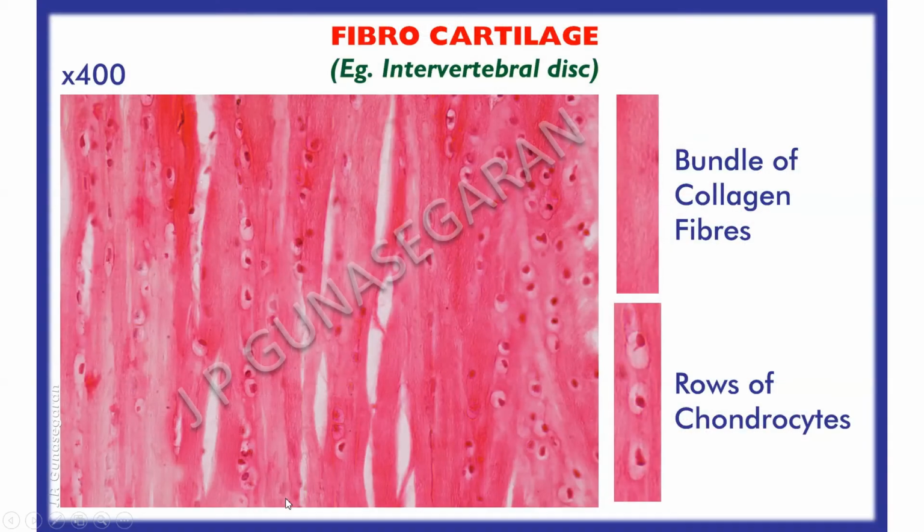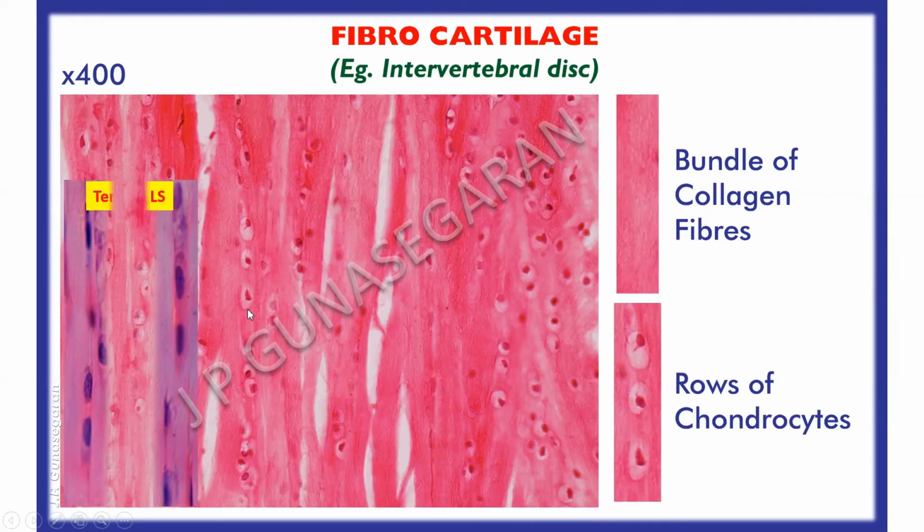This is a higher magnification of fibrocartilage and is characterized by bundles of compactly packed collagen fibers and rows of chondrocytes between the bundles. The chondrocytes are small and uniform in shape and size.